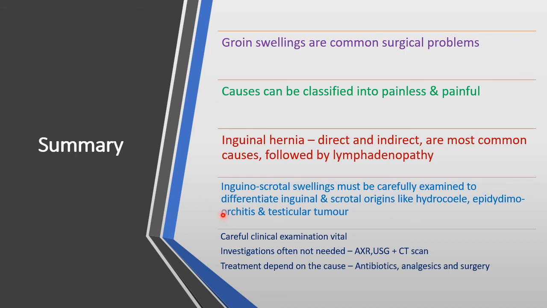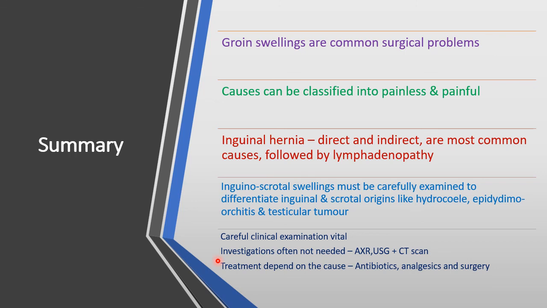With lesions that arise from the scrotum, you will be able to get above the swelling. Whereas if it is a hernia coming from the inguinal canal, then you will not be able to get above the swelling. Therefore, a very careful clinical examination is vital.